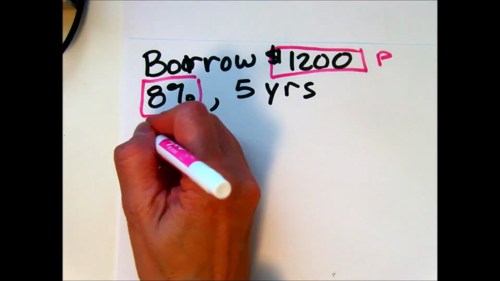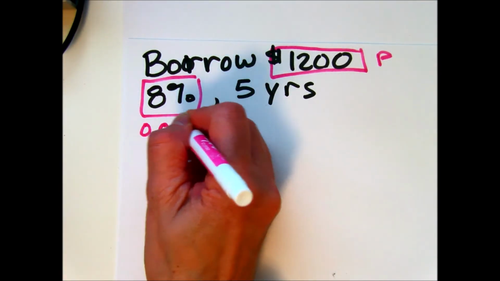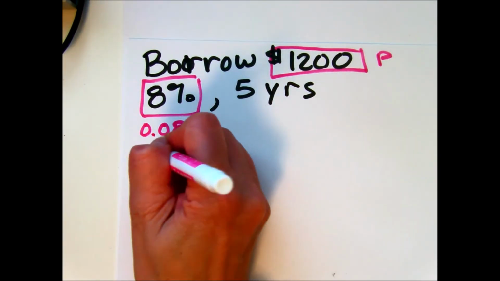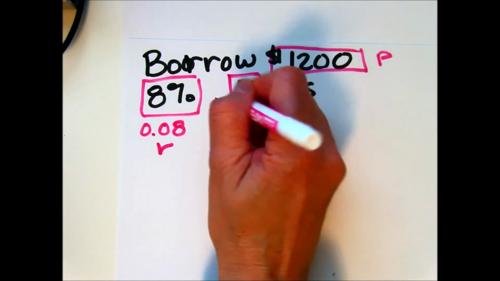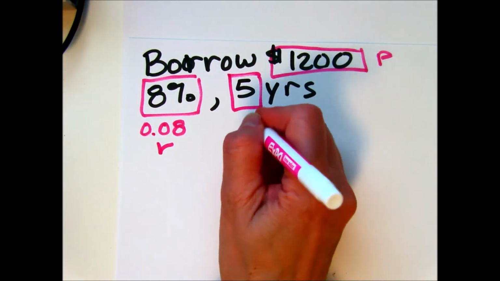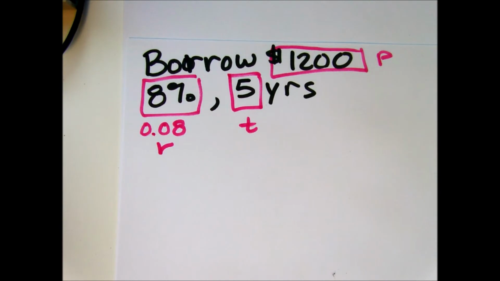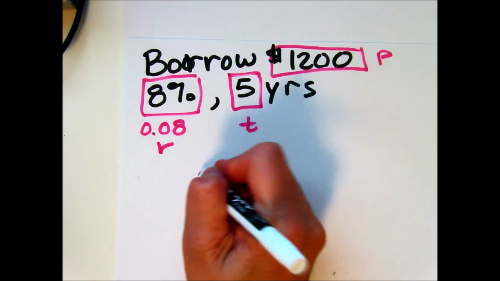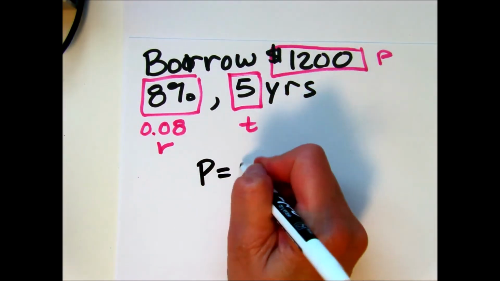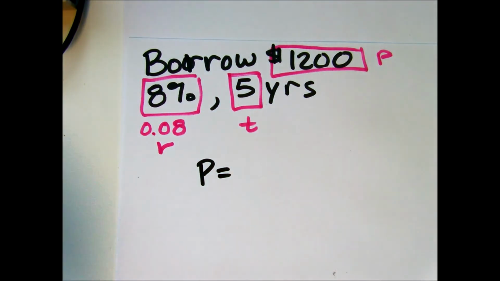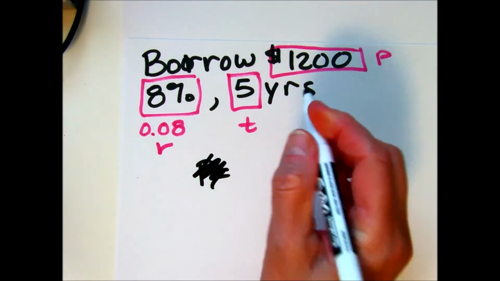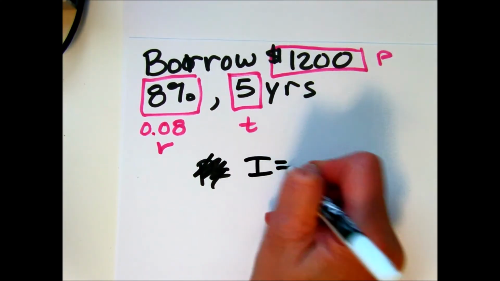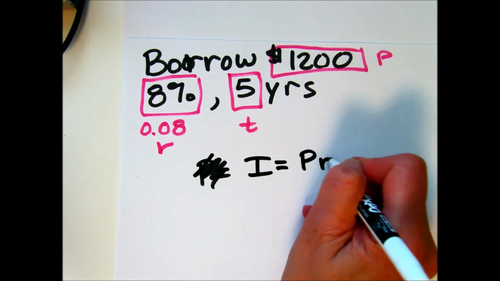That's going to become 0.08. And then this is the years, so T. So our formula again is I equals PRT.